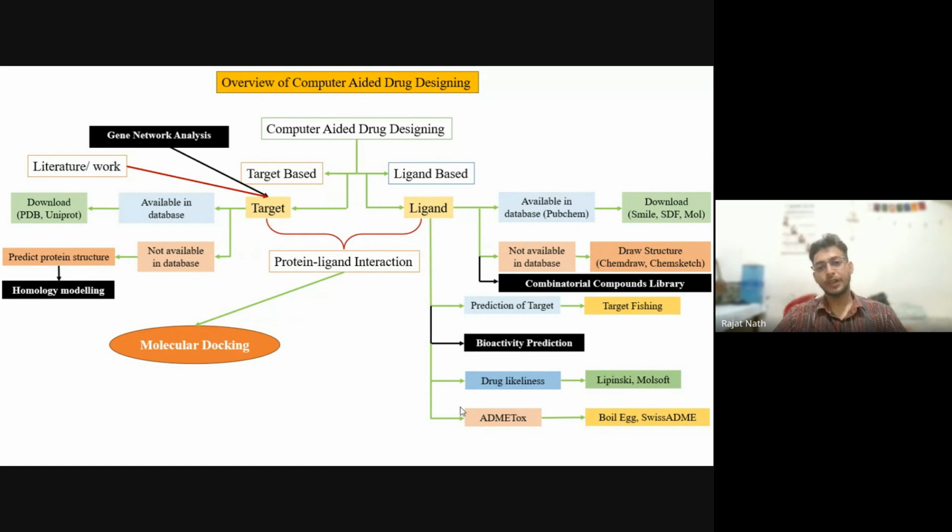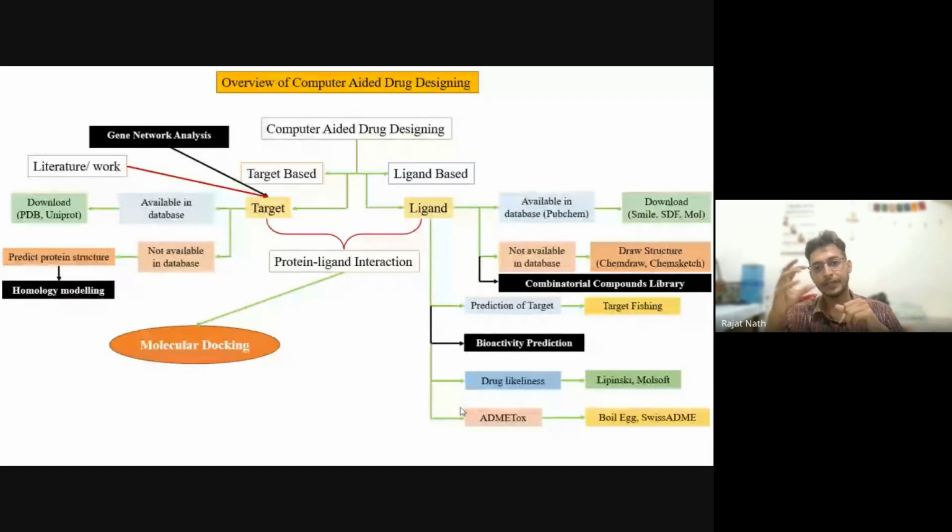So we know when a ligand binds to a target spontaneously, that means when we send this ligand to bind with a target and it gets bound, in that case what will happen? The energy will be released. When the ligand and target bind spontaneously, the energy gets released. That's why when we get the molecular docking score, there will be a negative sign.